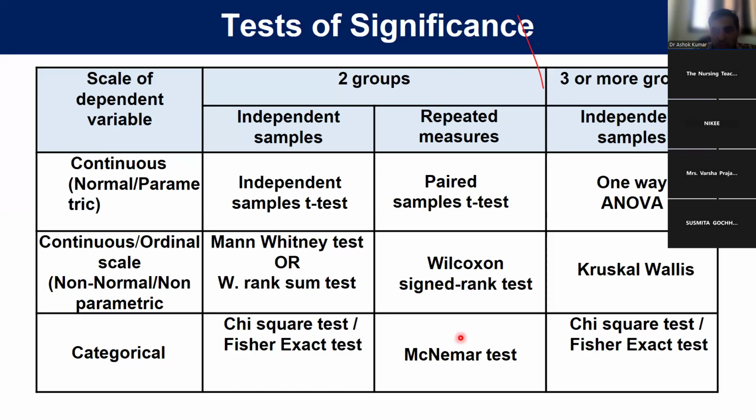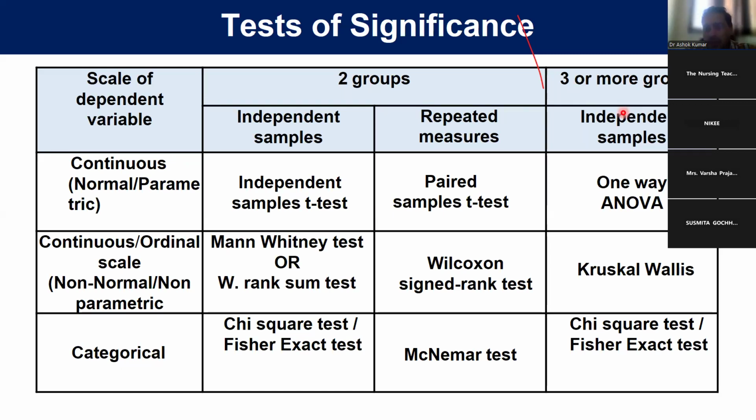Now, if we have three or more groups, for example, treatment intervention 1, intervention 2 group, and then control group, there are three groups, more than two.